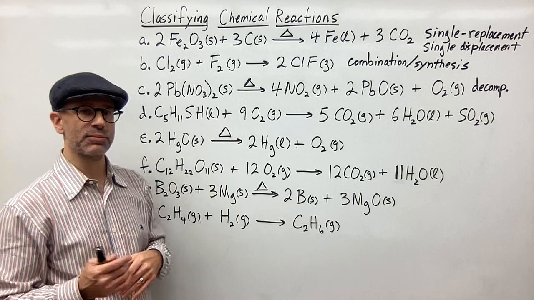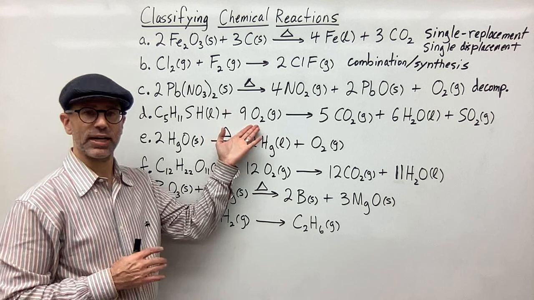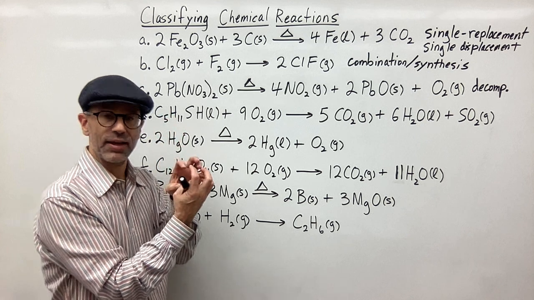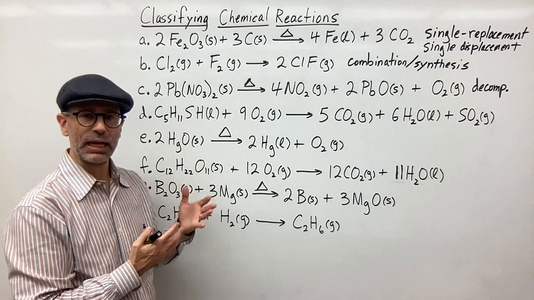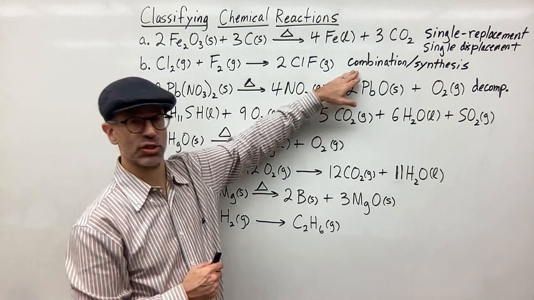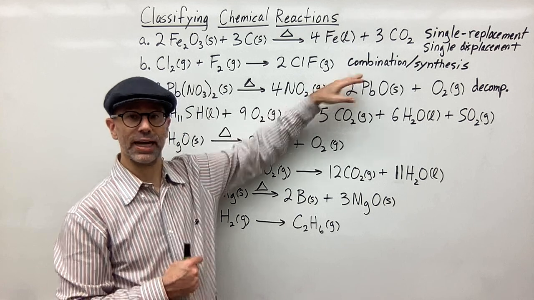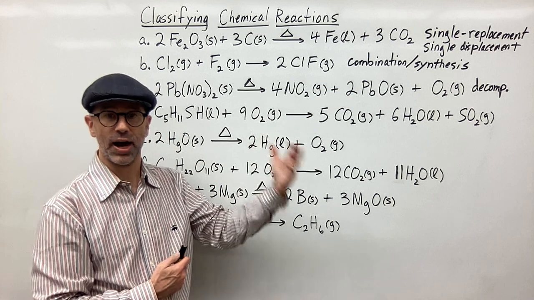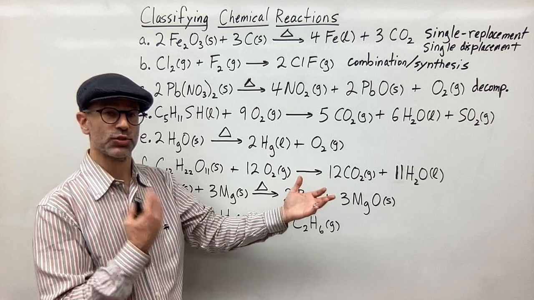Now, sometimes you can have oxidation, you can have oxygen reacting with something to form one thing, and you might label it as a combination or synthesis reaction. Like, for example, iron reacting with oxygen to form iron 3 oxide, which is rust.